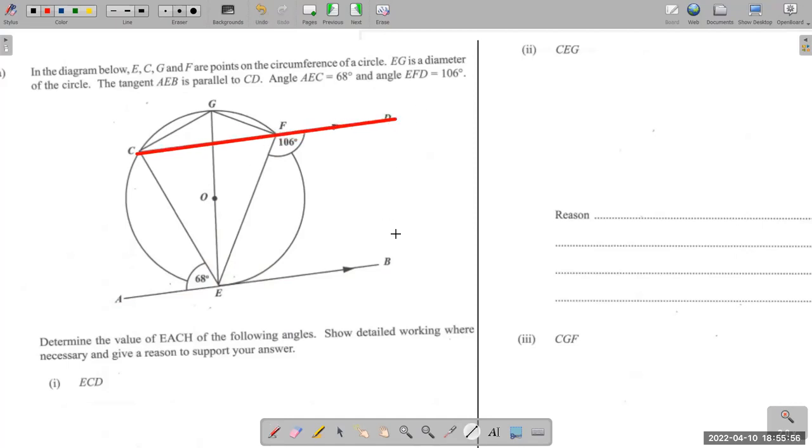So that's the one you've got to be careful with. Also, anybody seeing the supplementary angle? Angles on a straight line? CF is the chord.